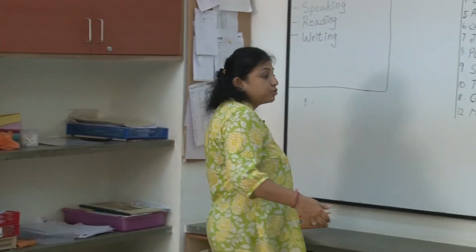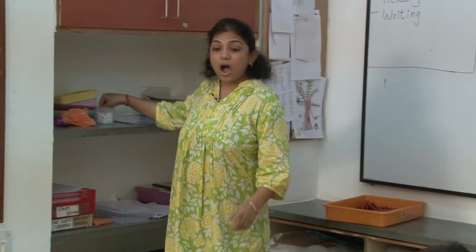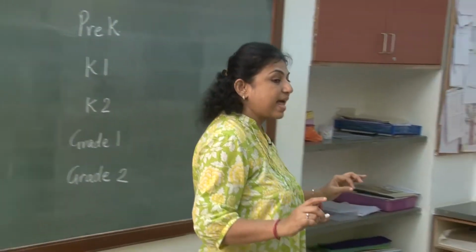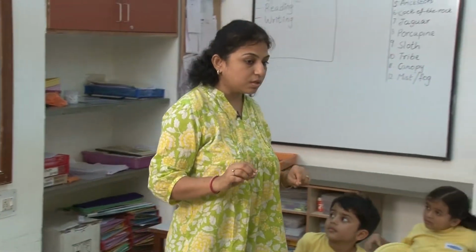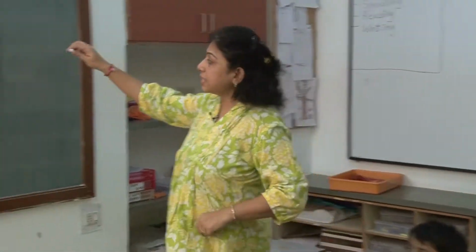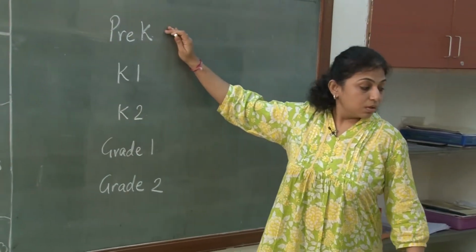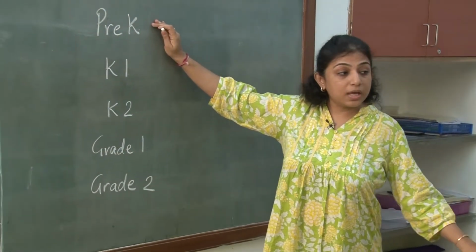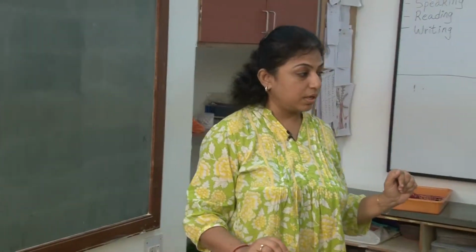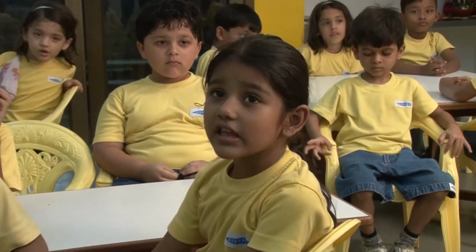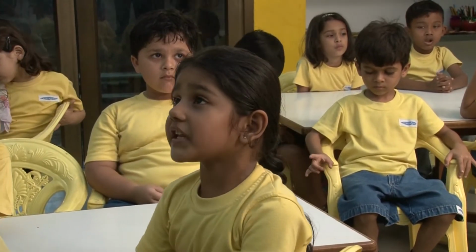Now we have to find out how many children are there in Key Stage 1. Do we know the exact number of children in each of these grades? No, we only know K2. You only know K2. What will we do then to find out? Count in the attendance that how many we have.